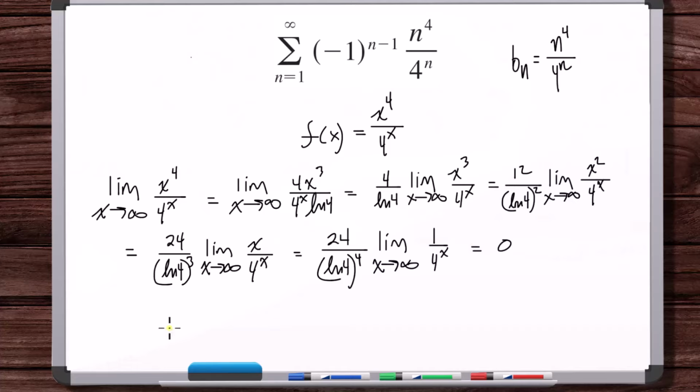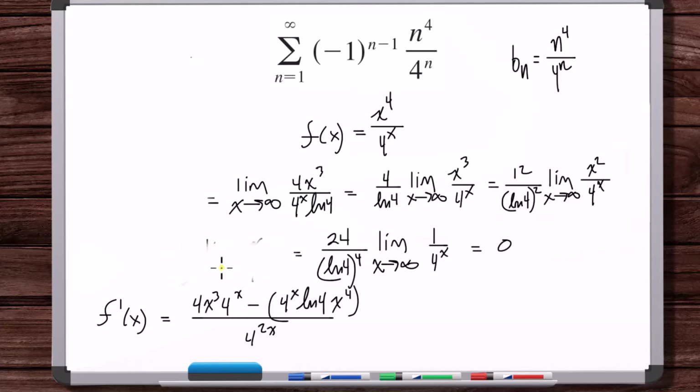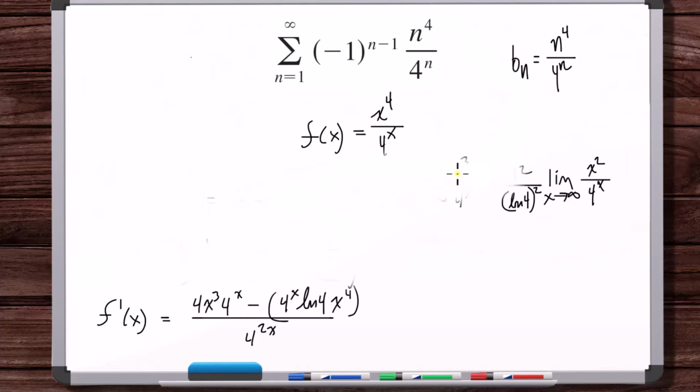So we can determine if it's decreasing by taking f prime of x. So derivative of the top times the bottom minus derivative of the bottom times the top, all over the bottom squared. Okay, let me make some room here. All right, when does the numerator equal 0?